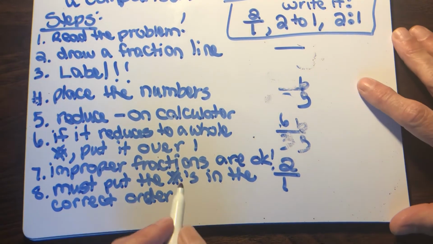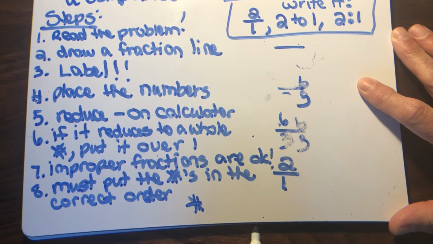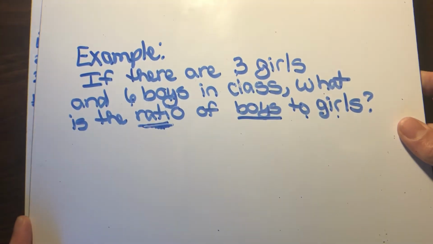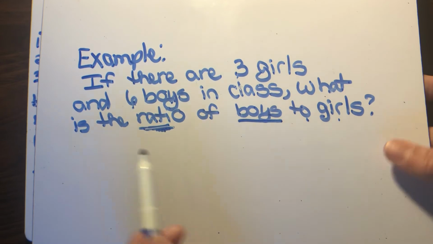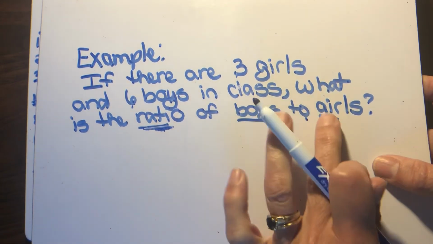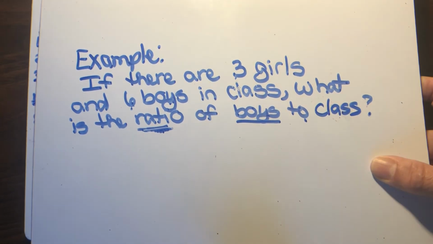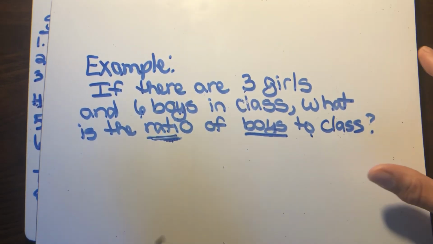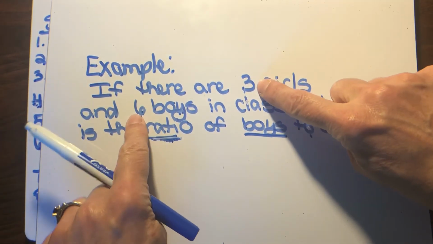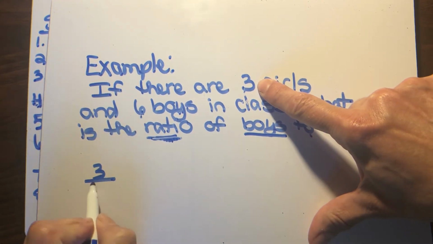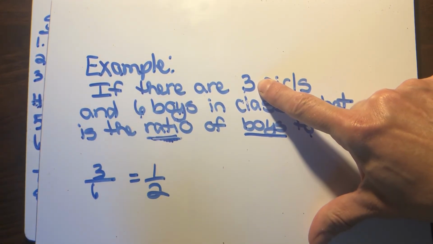Now watch, because a lot of times, like for this example, they kind of catch you. They gave you 6 boys and 3 girls, but what if they ask you for the ratio of boys to the entire class? Okay, well, if you're just going to be a number lifter, which is what I call it, you're going to probably do something like this, and you're going to reduce it and get 1/2.